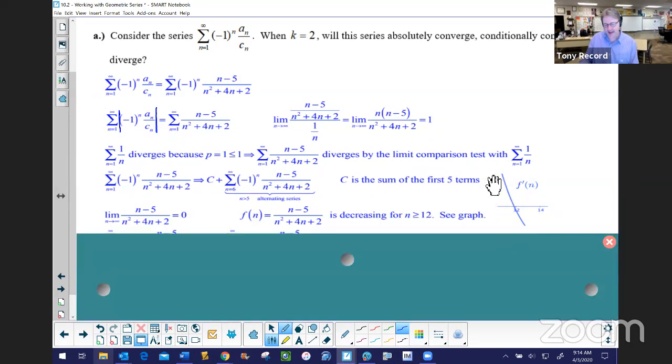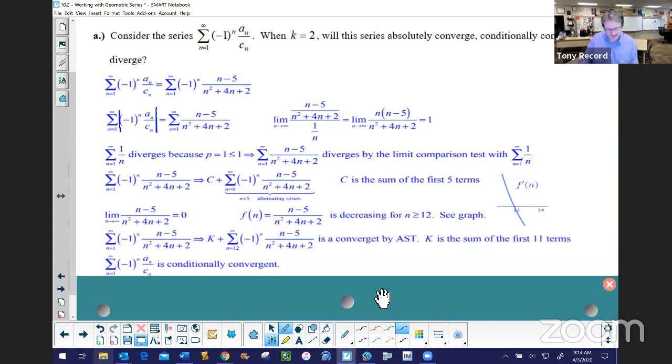So the graph of f prime of n over here to the side, just a small snippet of it, shows that this function f prime is going to lie below the x-axis by the time we get to around 12, actually just a little bit before 12 if you squint a little bit. So what that means is from 12 on, we have this decreasing behavior that is abiding by that criteria set forth by the alternating series test.